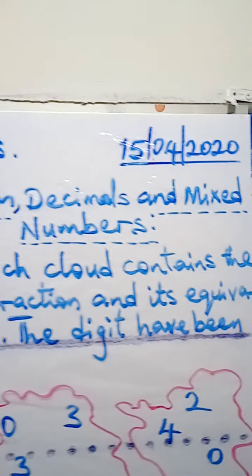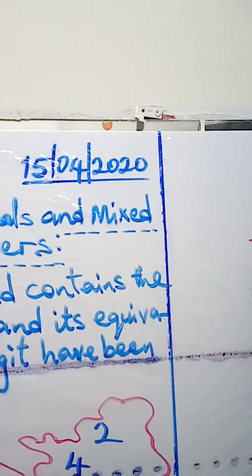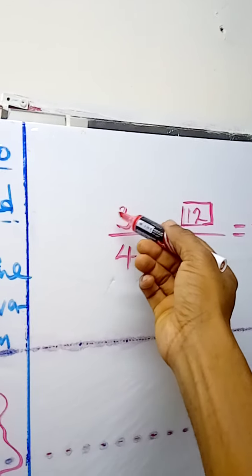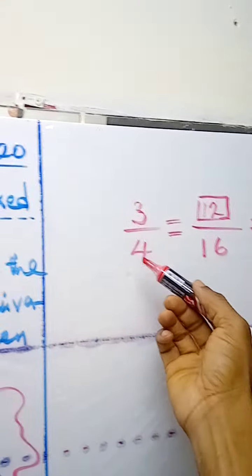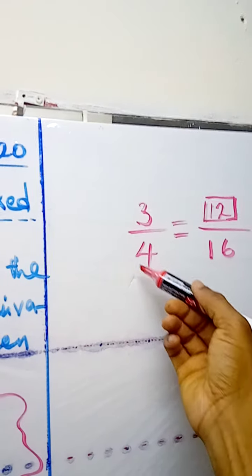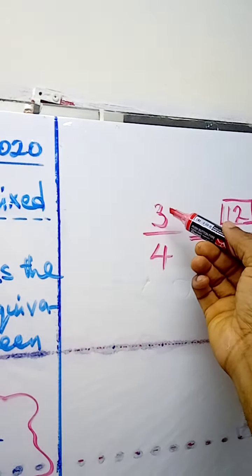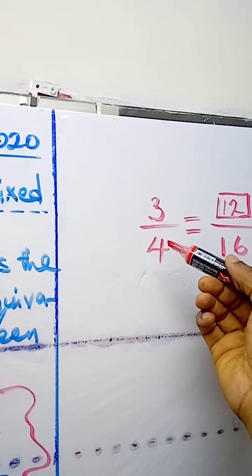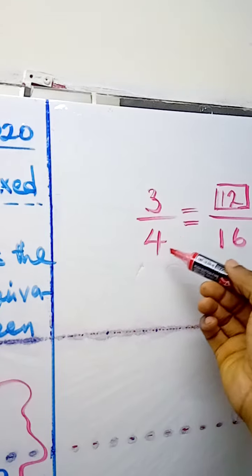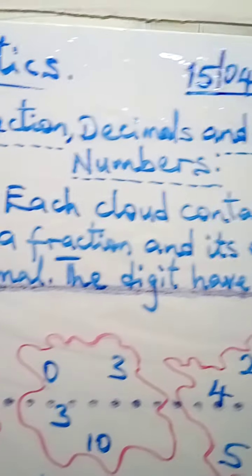That is when we write a number that has a numerator and a denominator, it is a fraction. We've divided something into 4 parts, and we take 3. That is a fraction.